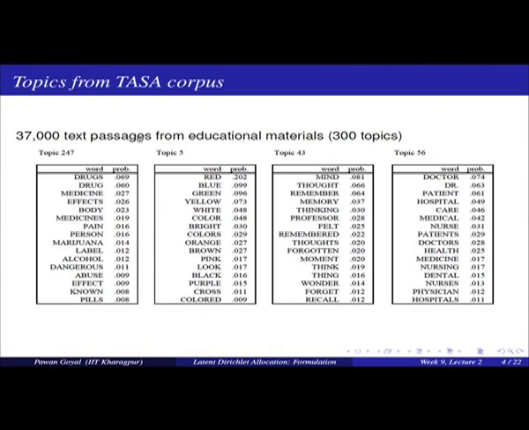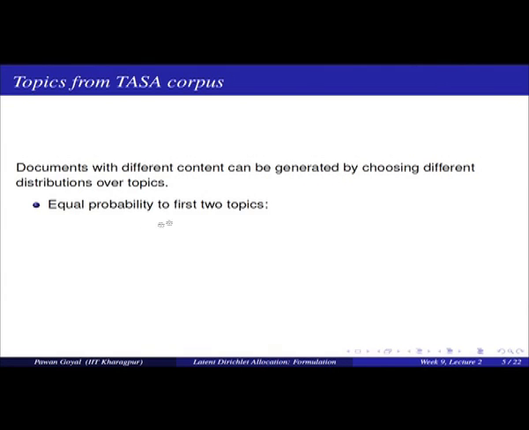Now, to get intuition about the generative model: what was the generative model? You have some topics. Now how do you generate documents? You take some of these topics in some proportions and start generating words from them. Suppose you take topic 247 and topic 5, and give equal probability to the first 2 topics.